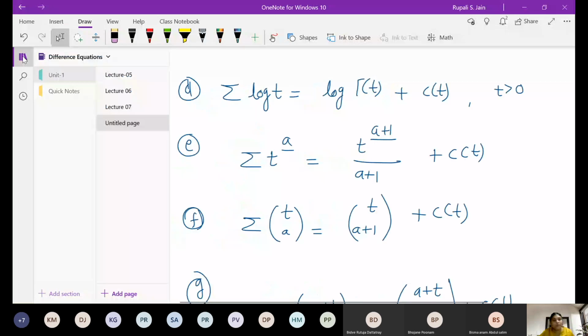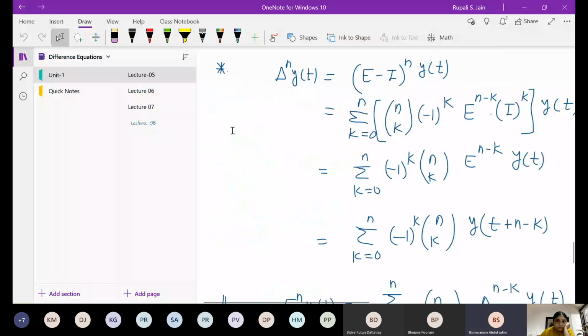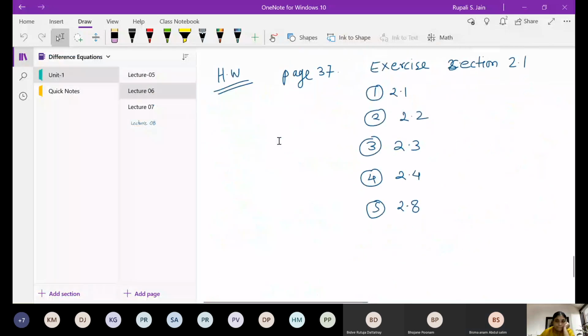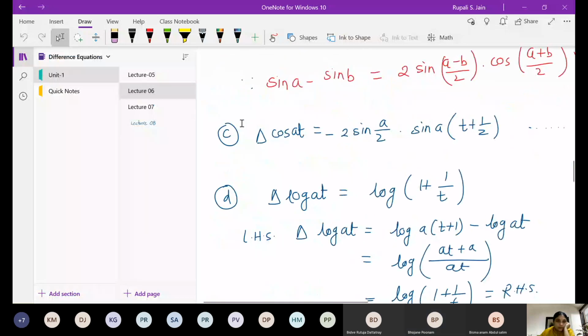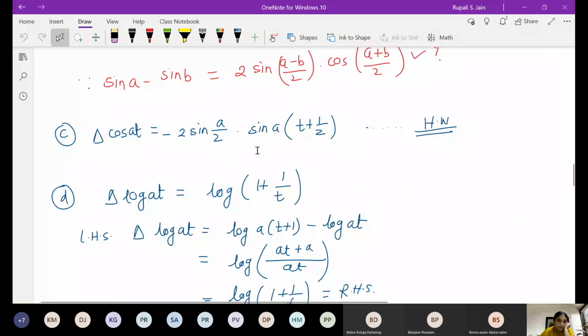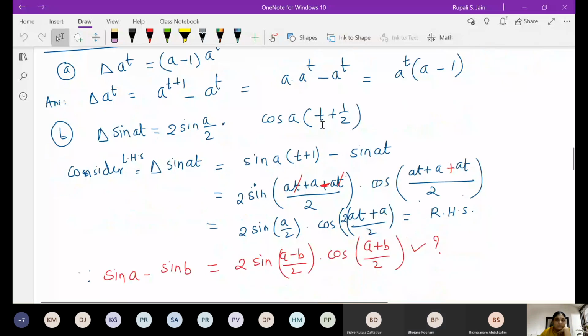Let me check. You can see the theorem here, theorem 2.2. In theorem 2.2, delta of a raised to t is a minus 1 times a raised to t. So if you take delta of a raised to t upon a minus 1, you are getting a raised to t. Sin at: you can see here, sin a by 2 should be below, cos of a t plus 1 by 2.